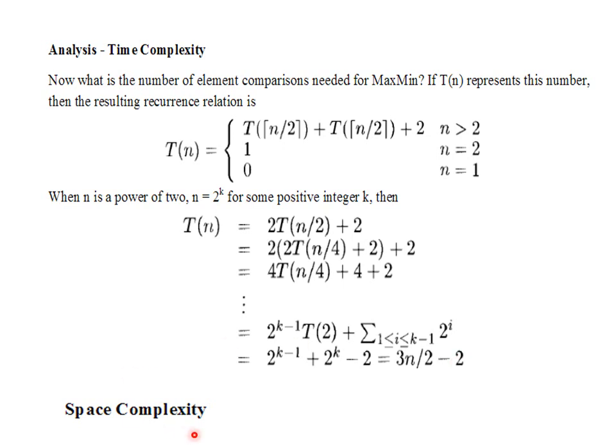Now we'll see what is the space complexity of this maximum and minimum algorithm using the divide and conquer approach. We are not using any additional space here, but we are using recursion.